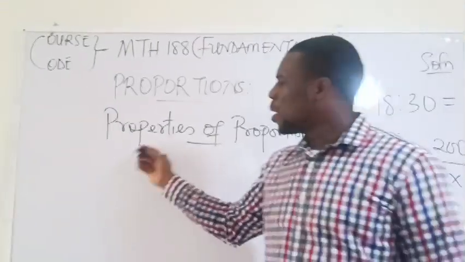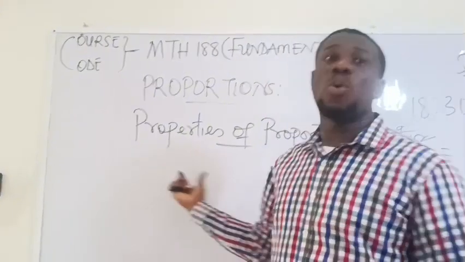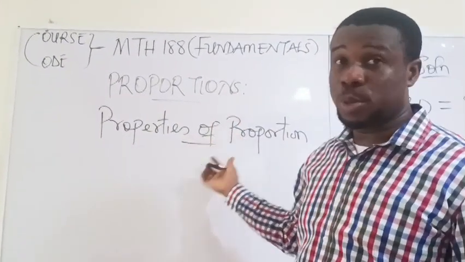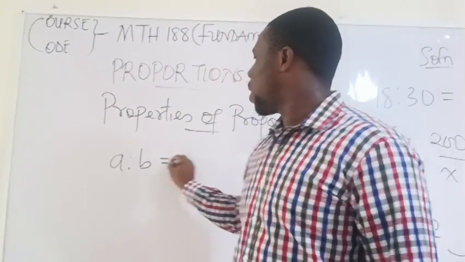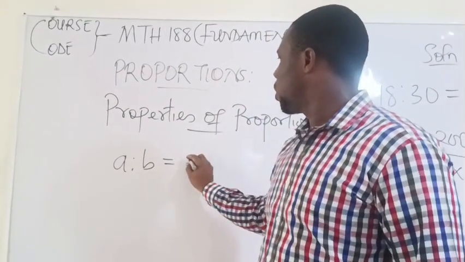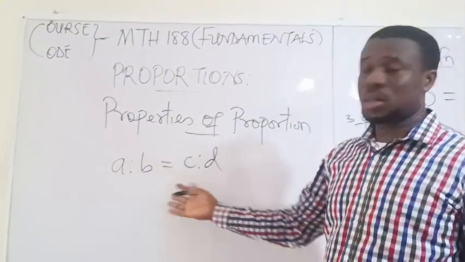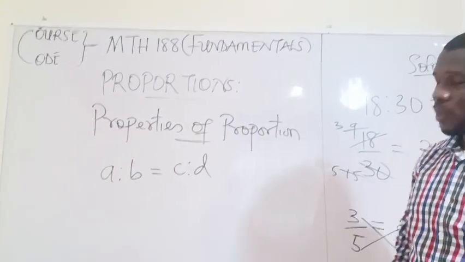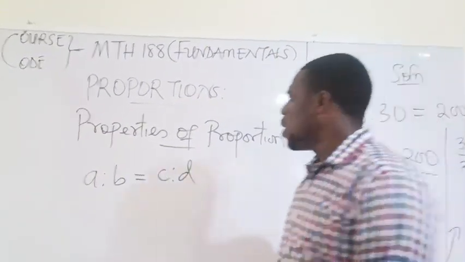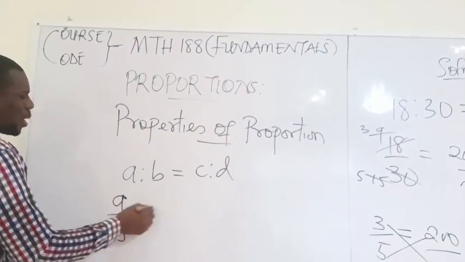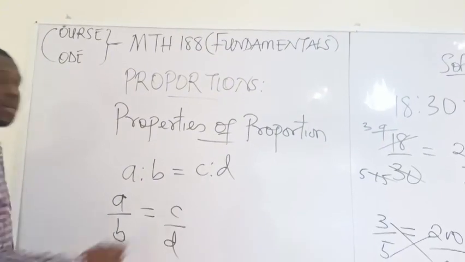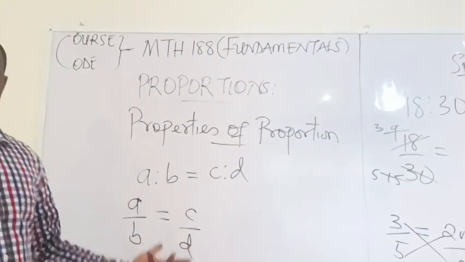Now, if I have an equality of two ratios, which is called proportion, let's say A is to B as C is to D. This is an equality of two pairs of ratios. Now, I could write this as A over B is equal to C over D. Now, I could invert these ratios.